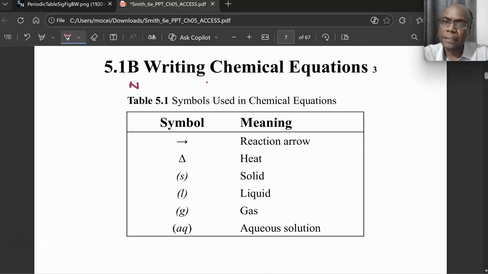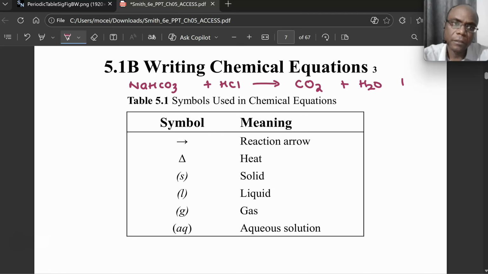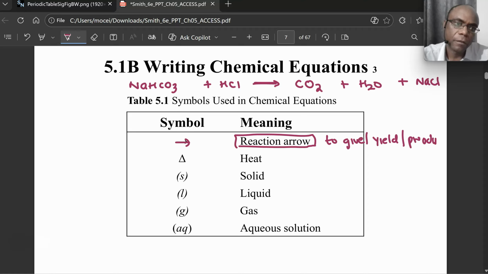Let us consider this general reaction. Sodium hydrogen carbonate plus HCl to give us CO2 plus water plus NaCl. This arrow right there means the reaction arrow, or to give, yield, produce, or even form.